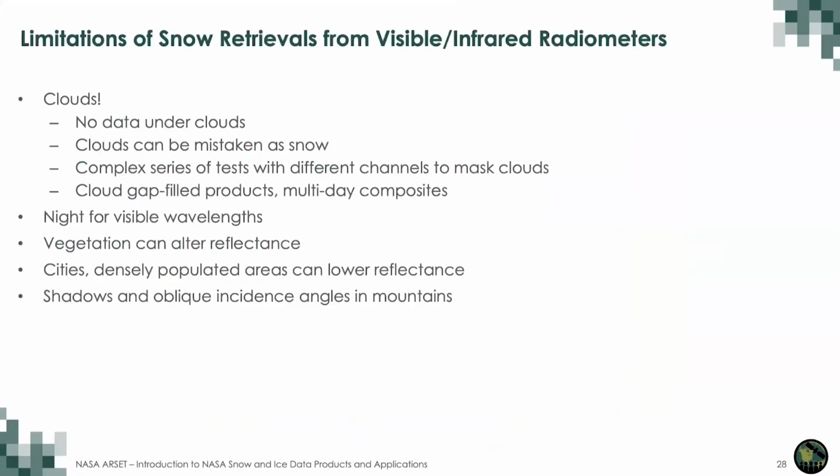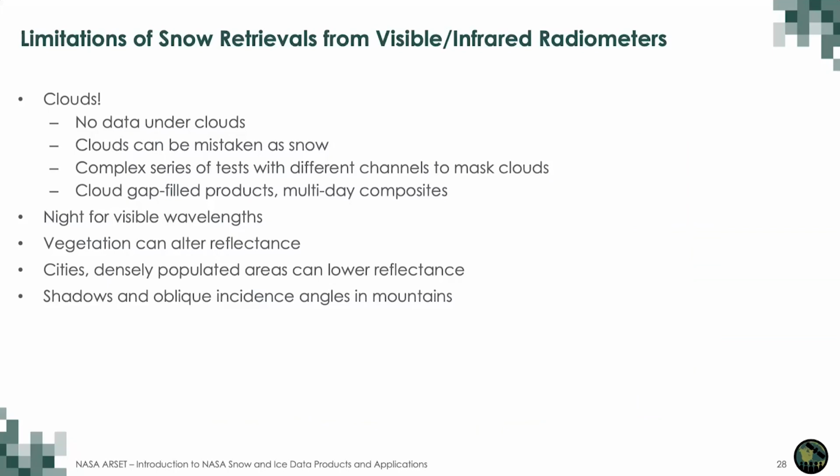So, limits of these snow retrievals from the visible and infrared sensors. A big one is clouds. You don't get data from under clouds. The clouds reflect the visible, shortwave, and infrared radiation, and so you don't see the surface. Another issue is that clouds are white and snow is white, so it can be hard to distinguish clouds from snow, even with the visible eye.